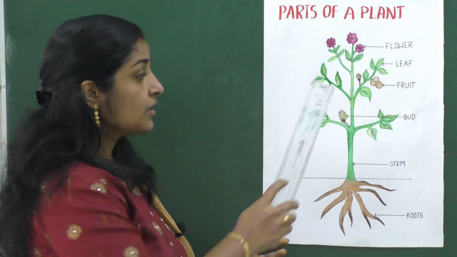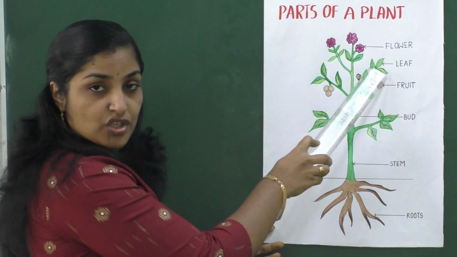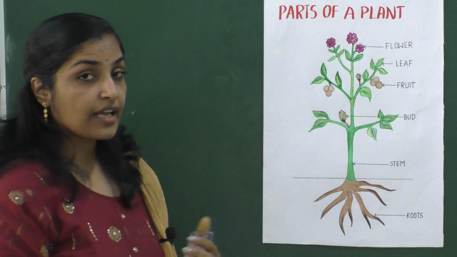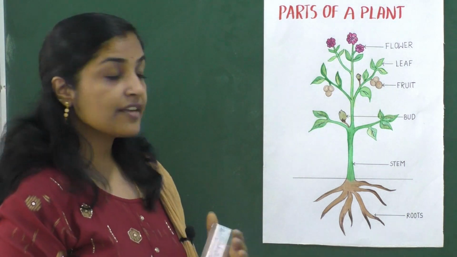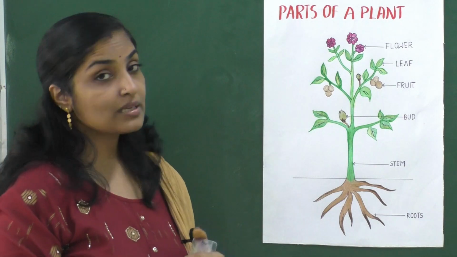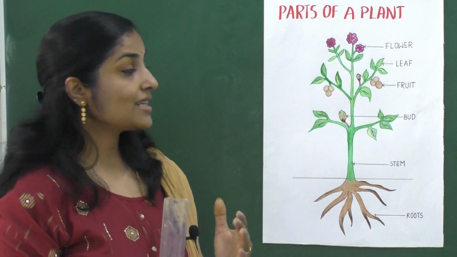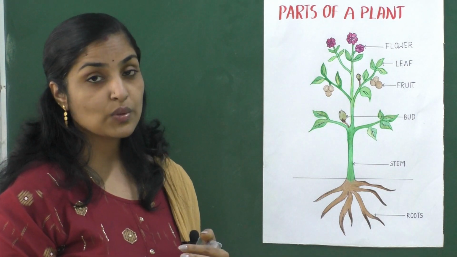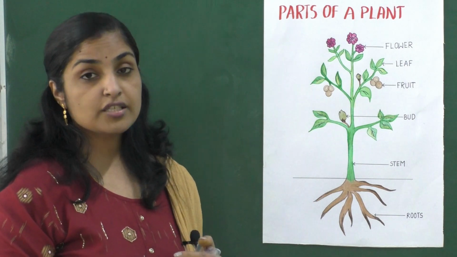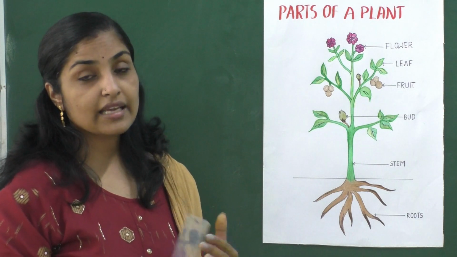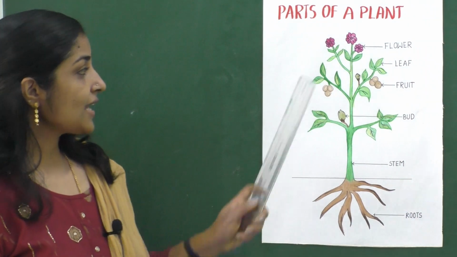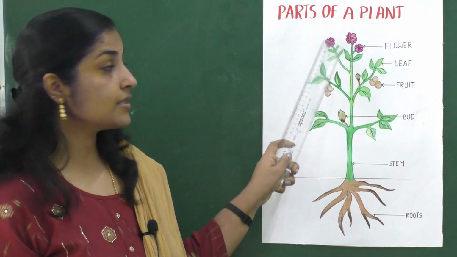Leaves grow on branches and on the stem. And you know what, children? The leaves prepare food for the plant, and they also help the plant to take in and give out air.